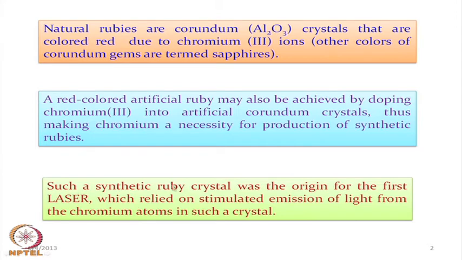So, we get the corresponding ruby lasers. The red color of ruby lasers is due to the crystal field stabilization energy within the crystal lattices of the corundum system.